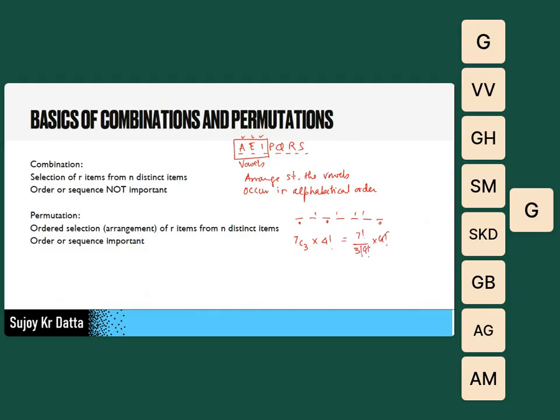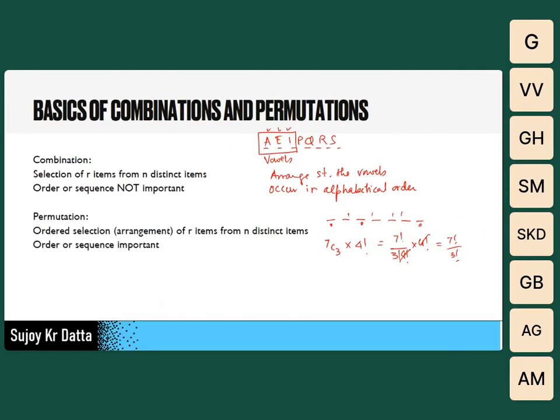And see, surprisingly, it behaves exactly as if the vowels were actually the same letter, because in effect the same thing is happening, right? The same letters could not have been arranged, so we divide by the factorial. Here the 3 vowels cannot be arranged because of the constraint given, so we divide by the factorial.